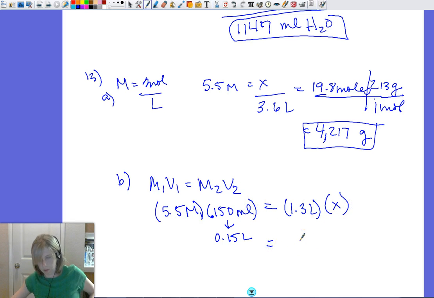So if we solve for this, we get a molarity of 0.635 molar.